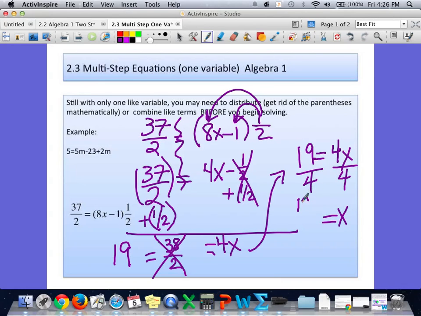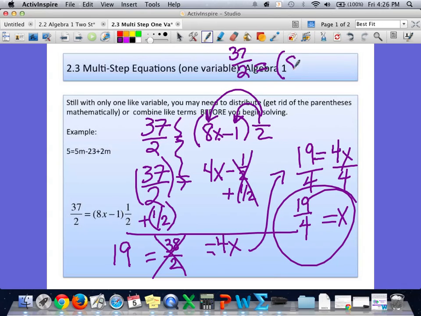Leave it in fraction form because we don't like decimals. That is your answer. You can still plug it in. If you do plug in fractions, you need to use parentheses. So that would be 37 over 2, is that equal to, parentheses 8 times 19/4, minus 1, another parentheses, times a half.